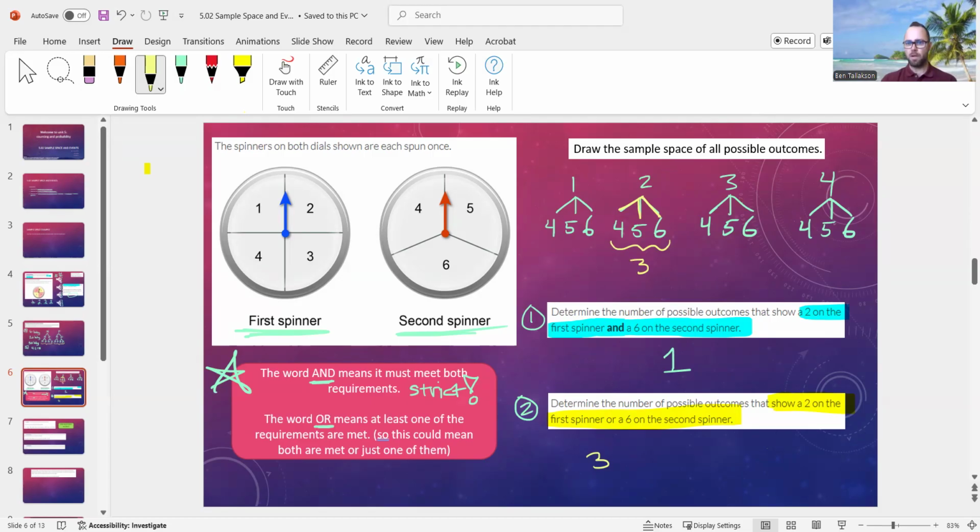And how many more possible outcomes? Well, a 6 on the second spinner. I see 1, 2, 3, 4 sixes. So we have 3 possible outcomes plus another 4. Wait a second. What about this 6? Are we going to count that twice? We're actually only going to count that once. So 3 plus 3, 6 possible outcomes.